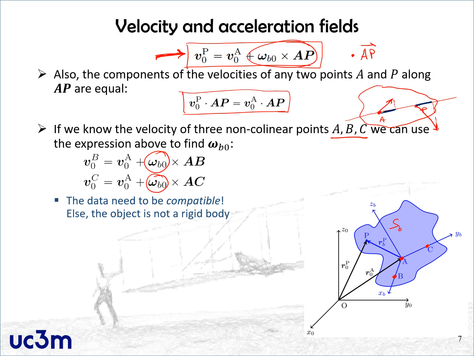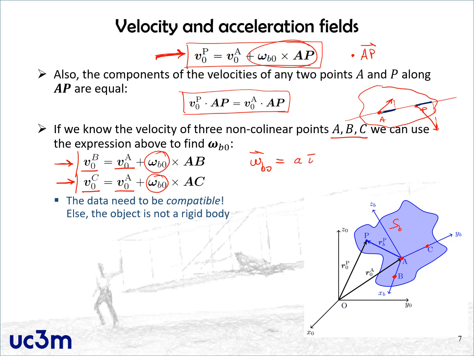So you can write down these two equations, which are particularizations of the velocity field expression, joining the velocity of A and the velocity of B, and the velocity of A and the velocity of C. And with this you get enough equations, actually more than the equations that you need to determine the components of the angular velocity vector.